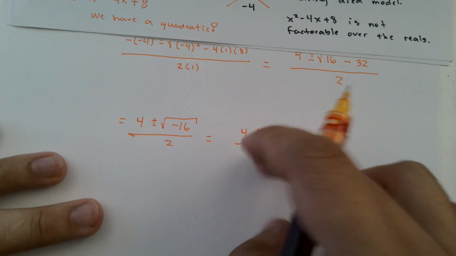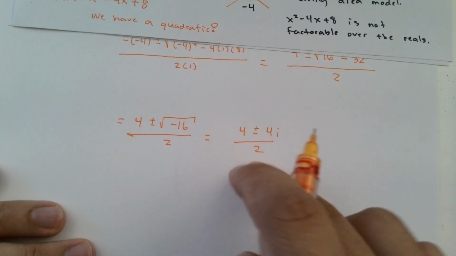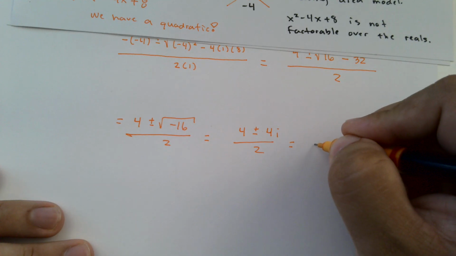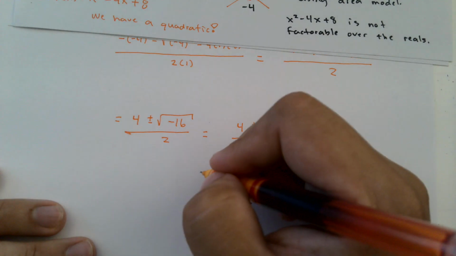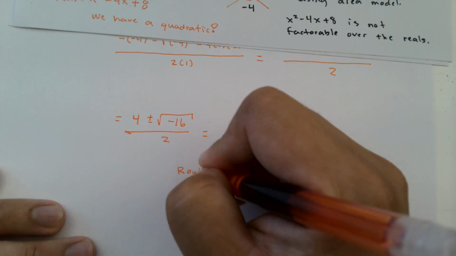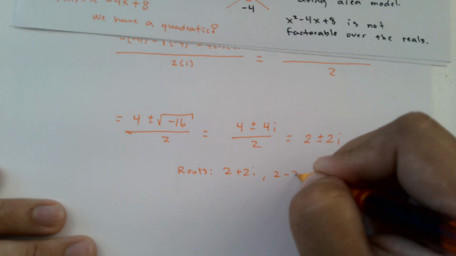We're going to simplify this because the 4 can be divided by 2, and the 4 in front of the i can be divided by 2. So this ends up being 2 plus or minus 2i. So I have my two new roots. They are 2 plus 2i and 2 minus 2i.